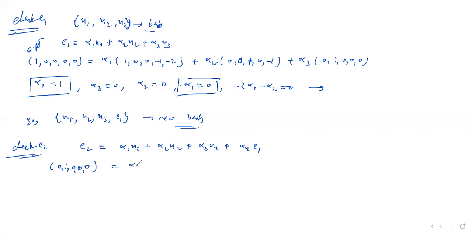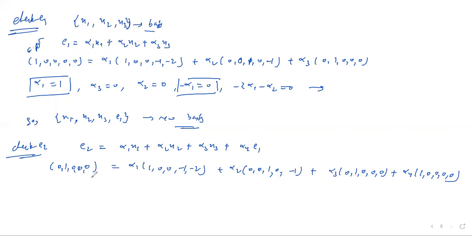Alpha 1 times x1, 1 0 0 minus 1 minus 2, plus alpha 2 times 0 0 1 0 minus 1, plus alpha 3 times 0 1 0 0 0, plus alpha 4 times 1 0 0 0 0. You can also say that the vector e2 is the same as the vector x3, so it has to be linearly dependent.